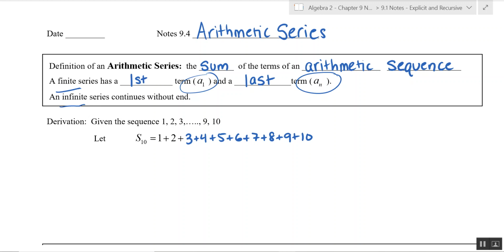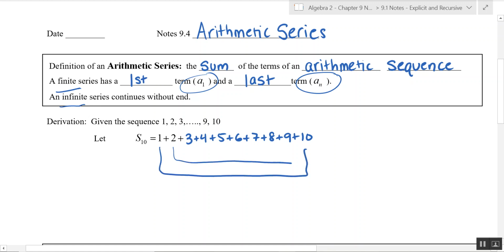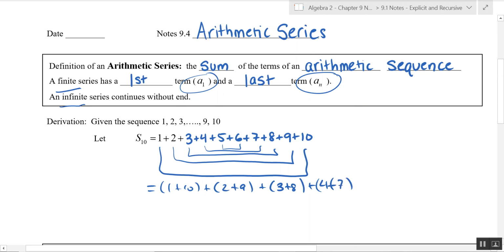So if I was going to try and add these together, I think it's best to do this in pairs, meaning 1 and 10, 2 and 9, 3 and 8, 4 and 7, and 5 and 6. And if you look at each one of those pairs, if we write that down, we can say this is 1 plus 10, 2 plus 9, 3 plus 8, 4 plus 7, and 5 plus 6.